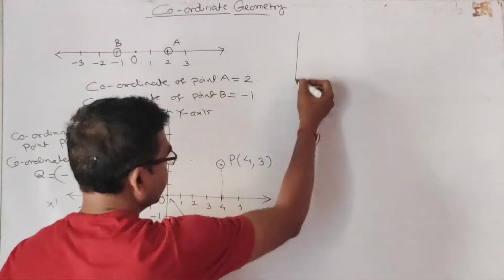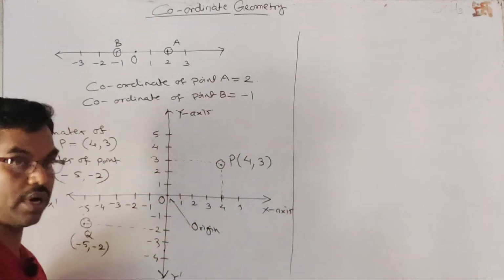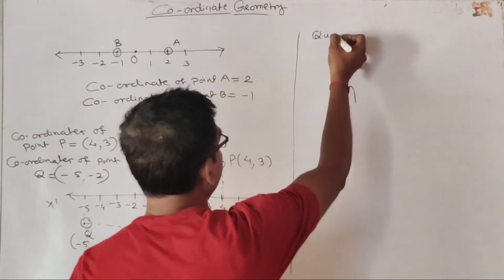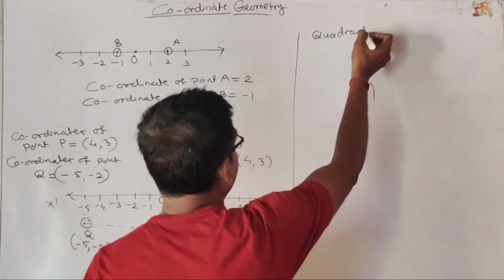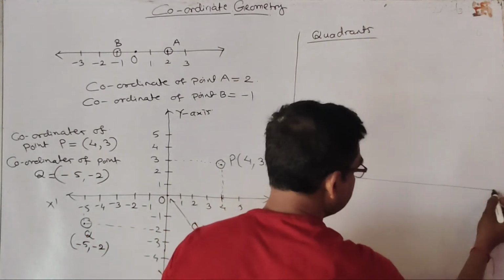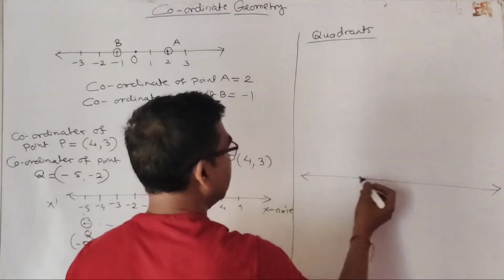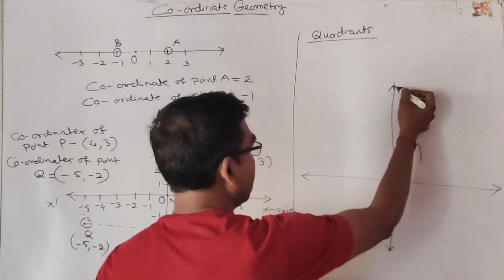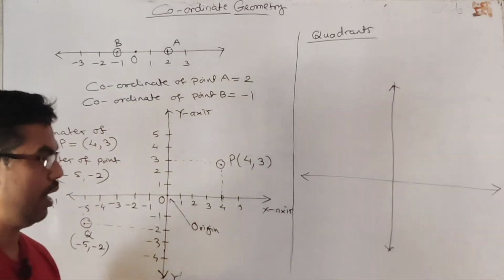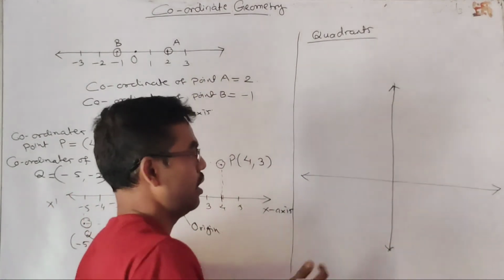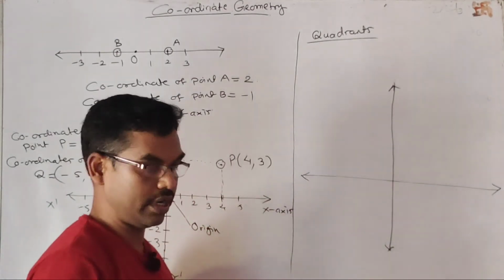Now what is the meaning of quadrants? This x-axis and this y-axis, these are perpendicular to each other, and due to this the plane is divided into 4 parts, and each part is known as a quadrant.